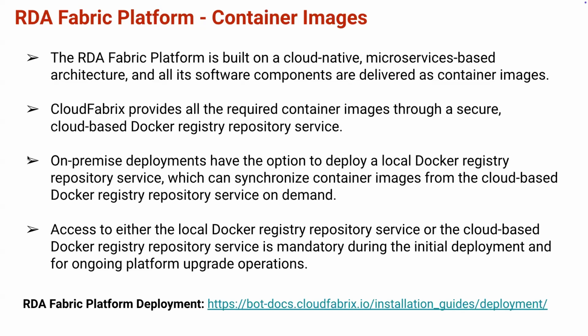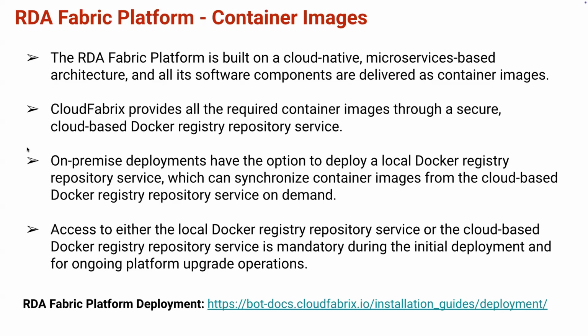So when we deploy this local Docker registry service, it needs to have internet access, either restricted access through a proxy or whitelisting the URLs which are documented. This particular service needs access to our cloud-based Docker repository service to be able to download the images. So it is a mandatory requirement to be able to deploy, maintain, and manage ongoing upgrades of our platform.